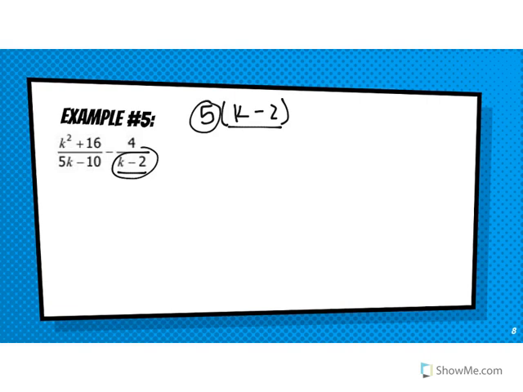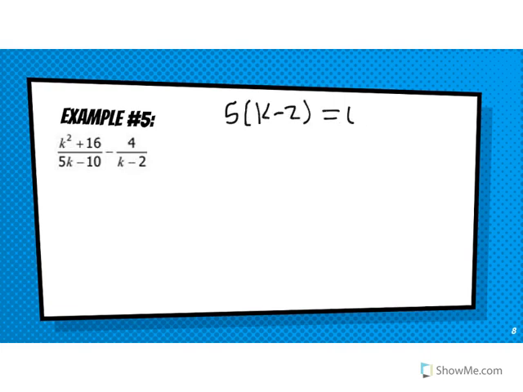So we know that we have 5 times k minus 2 as our LCM. As you guys start getting better at this, you'll see that since this is rewritten as 5 times k minus 2, and that already is our LCM, this fraction is actually going to stay the same.